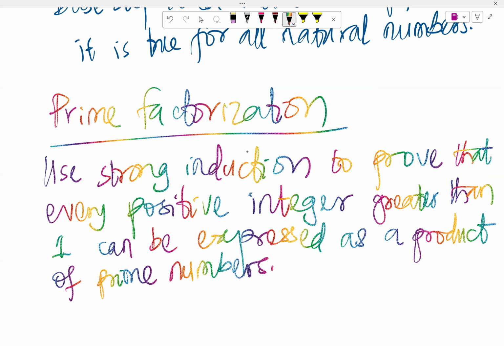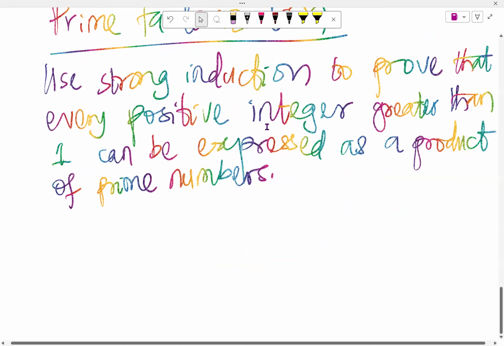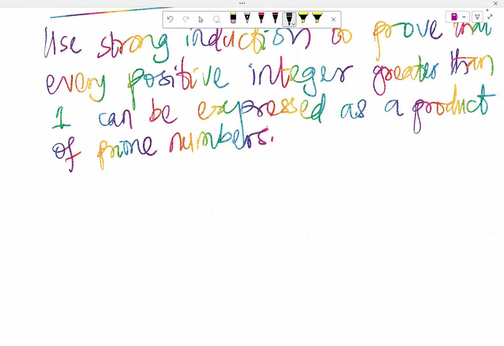Now, in this case, this is not going to involve any formula like we had initially. But all these steps are still necessary. So here you can break it down. What is the claim?